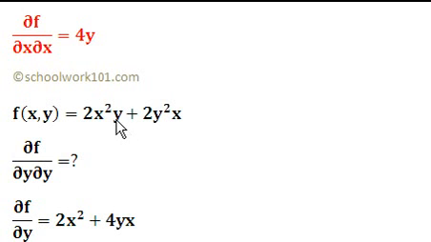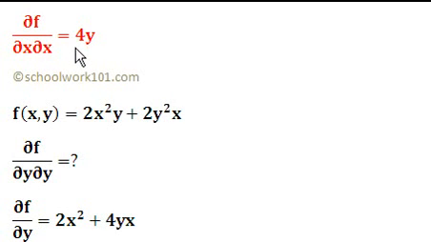The derivative of y is 1, and then we're just left with its coefficient, which is 2x squared, plus, now you take the 2, bring it out front, 2 times 2 is 4, subtract 1 from the exponent, we're left with y, times, and of course it's just a coefficient, we just rewrite it, x.